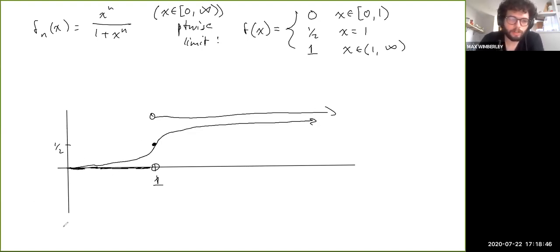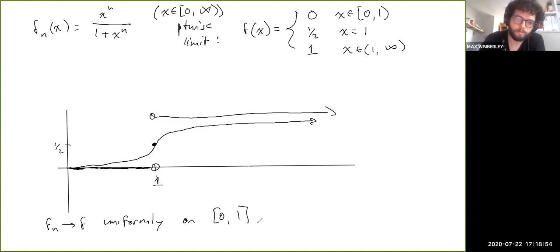So the question is, does fn converge to f uniformly on [0, 1]? There should be a one-sentence answer to this. Anyone?